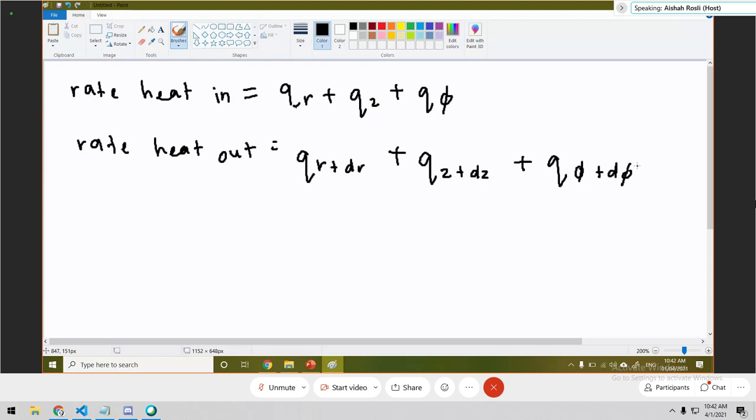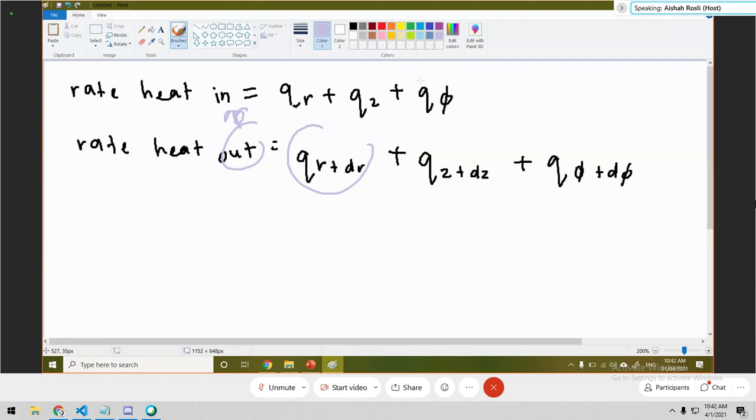So the problem is, usually in the Cartesian coordinate, we can take the out minus the in. In this case, we need to simplify things a bit.